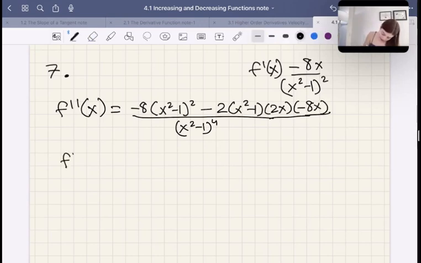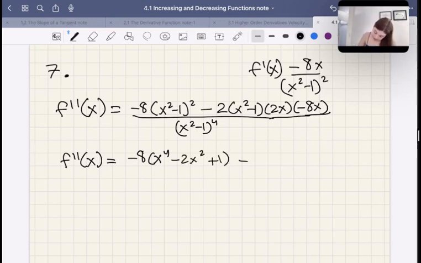And then f double prime of x is equal to negative 8 x to the power of 4 minus, let's see, double the product, minus 2x squared plus 1 minus, let's see, let's multiply these three together. So 2 times 2 is 4. 4 times negative 8 is 32.